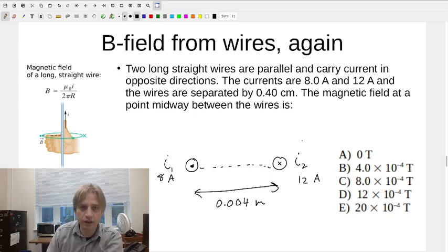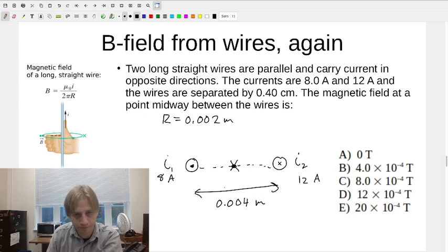Now, the magnetic field at a point midway between the wires is, so we're looking at this point. So the R that you're going to use in your equations is going to be half of that, 0.02 meters. And I want you to try to use your right-hand rule.